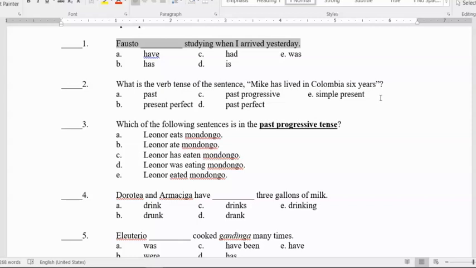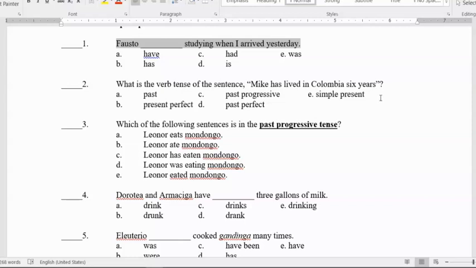So we have to see that in the first sentence we have two clauses and therefore the sentence is a complex sentence. The first clause being the one that is central to making it a past progressive tense sentence because it's the central idea being expressed within the sentence. Otherwise, it would be simple past.